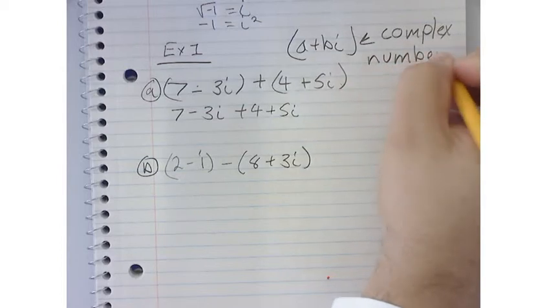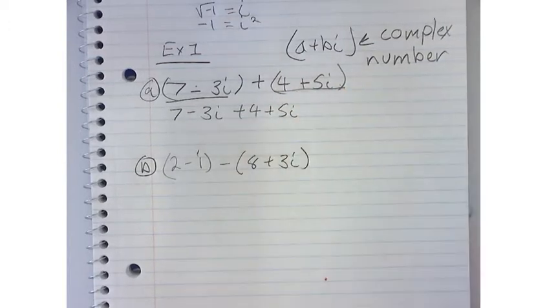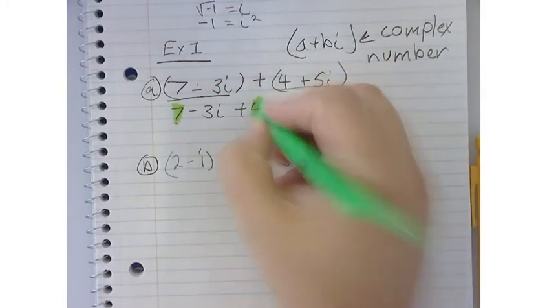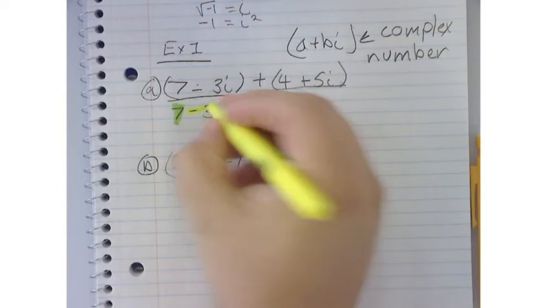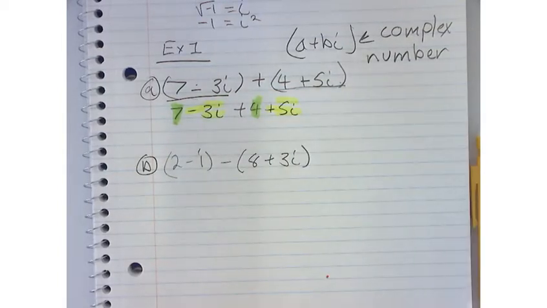So when I add one complex number, in other words, this is a complex number and this is a complex number, I have to really kind of add the elements together, right? When we add that, you really just use basic algebra. You know, we're going to use like terms, right? So 7 is the real part, and 4 is the real part. And then negative 3i is the imaginary part, and positive 5i is the imaginary part.